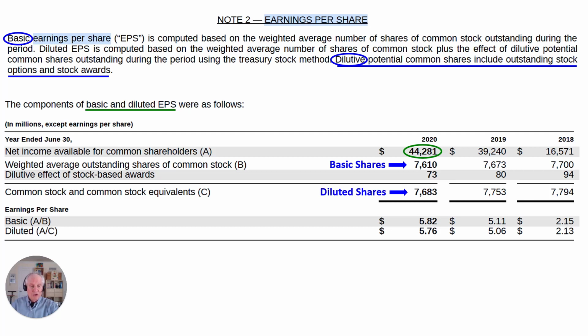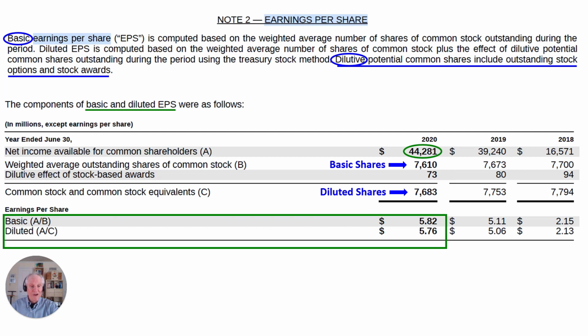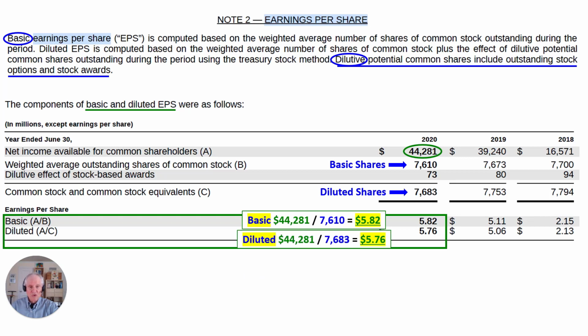The diluted earnings per share includes the stock options that could be exercised. That would increase the number of shares outstanding to 7,683,000,000. That would reduce the earnings from 582 down to 576. So those are the 2 that are given to us at the bottom of the income statement: basic earnings per share and diluted earnings per share.